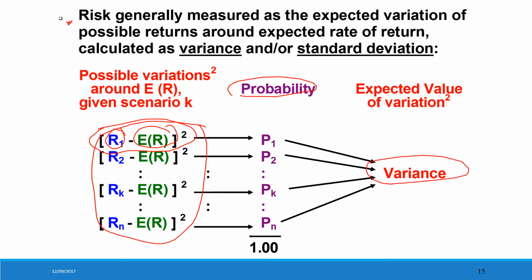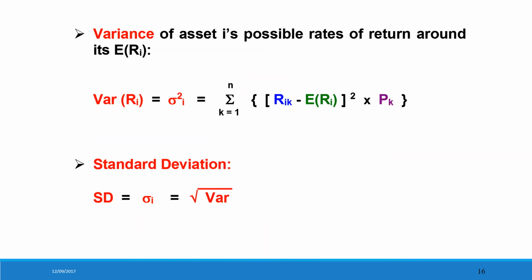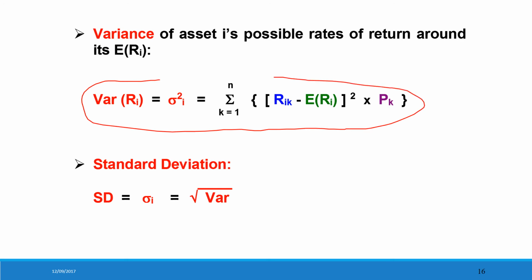So this measure over here, the probability-weighted squared variations, is what we call the variance. We talked about standard deviation before. The variance is simply the square of the standard deviation. So the variance of a return is given by this formula over here.